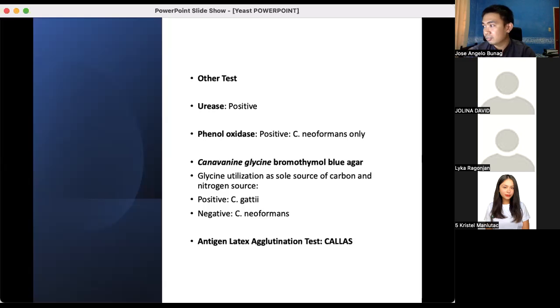No? Negative sa canavanine glycine bromthymol si Cryptococcus neoformans. So positive naman si Cryptococcus gattii. For differentiation. Okay.